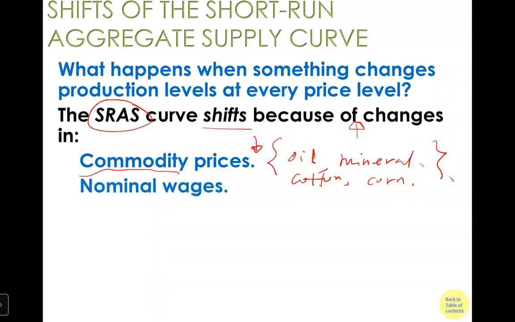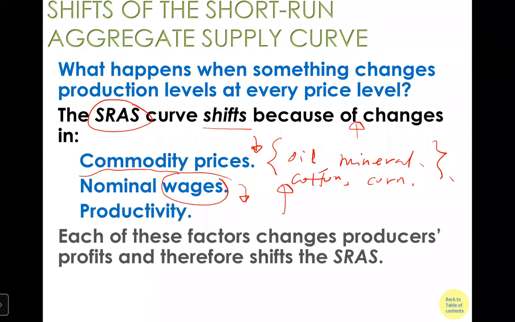Second factor, nominal wage. Because wage is the main cost of production. If wage falls, then profitability will increase. Hence, the aggregate supply will increase. This is similar to commodity price. Next one, productivity.